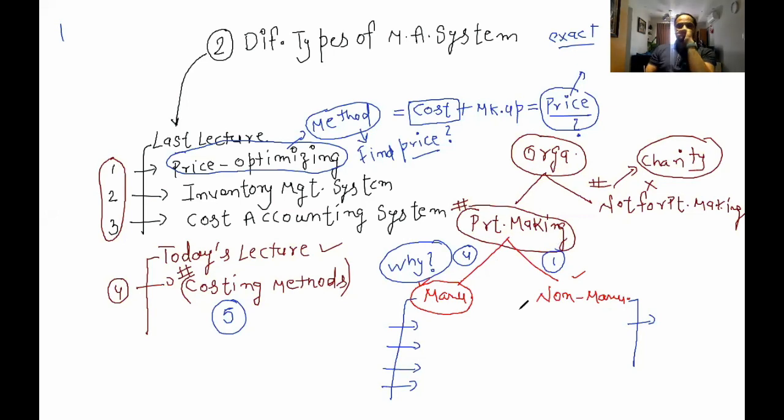The reason is the nature of manufacturing products. Even though among manufacturing products their nature is different from each other, all non-manufacturing organizations, or of course their services, have the same nature, which is intangibility, right?